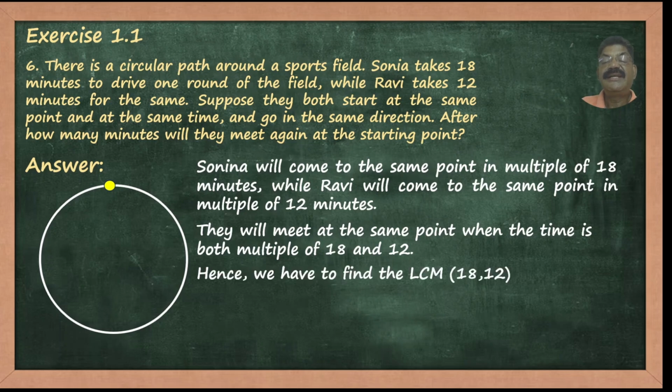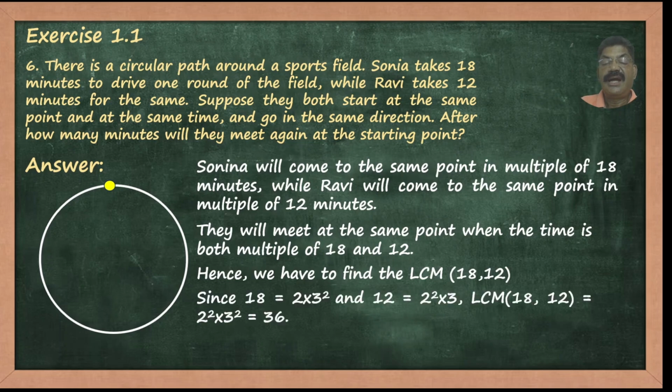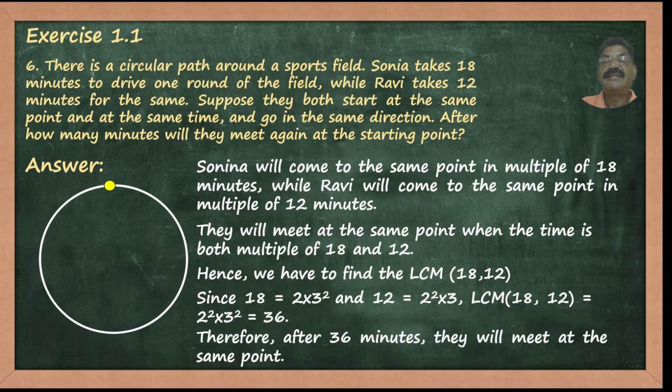Hence, we have to find the LCM of 18 and 12, and it is equal to 36, because 18 is equal to 2 into 3 square, 12 is equal to 2 square into 3, and the least common multiple of 18 and 12 is equal to 2 square into 3 square, which is equal to 36. Therefore, after the 36th minute, both Sonia and Ravi will meet at the same point.